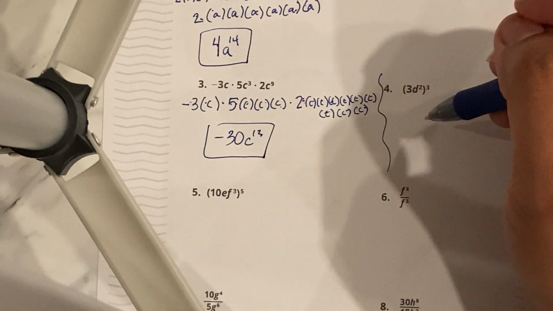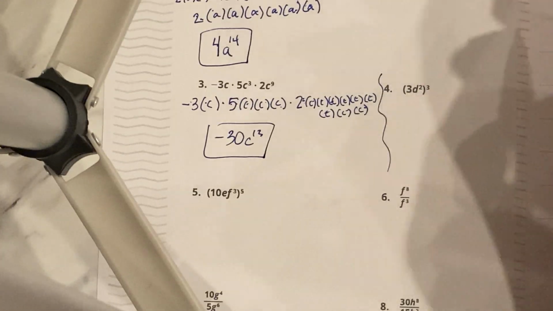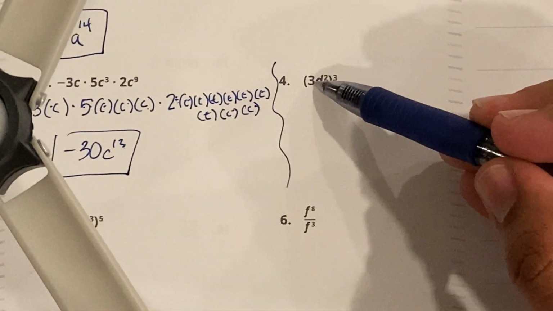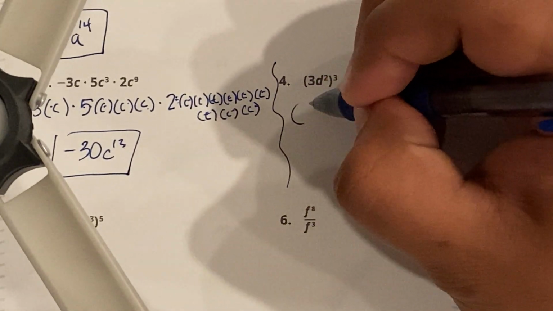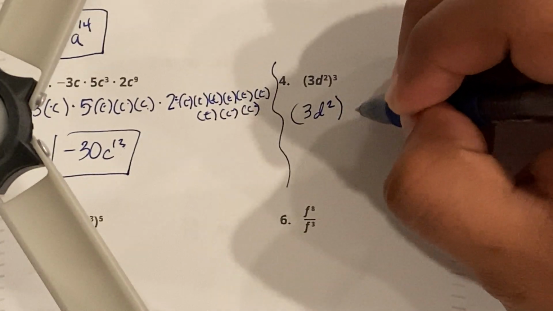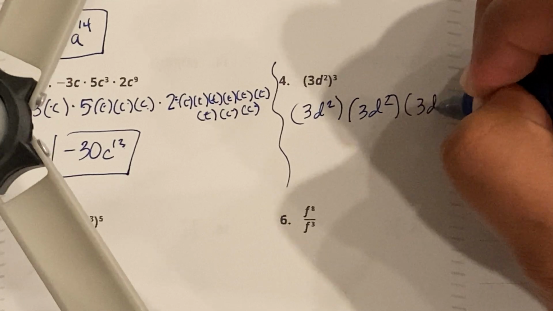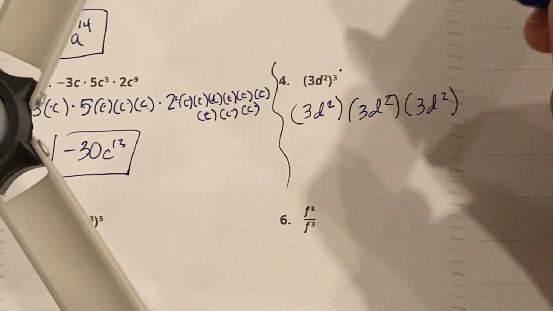Okay. Gonna do number 4, just because it looks magnificent. Number 4, we gotta remember that 3 on the outside is saying there's 3 of these, okay? So let's do it. So we got 3D squared times 3D squared times 3D squared. 3 sets because of that 3.